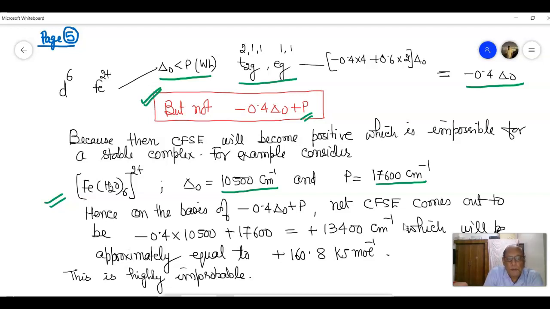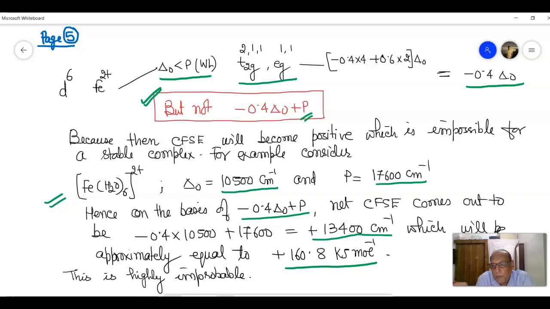Hence, on the basis of −0.4 Δo + P, net CFSE comes out to be plus 13,400 cm⁻¹. Taking 1000 cm⁻¹ to be approximately equal to 12 kJ/mol, this can be converted and comes out to be plus 160.8 kJ/mol.